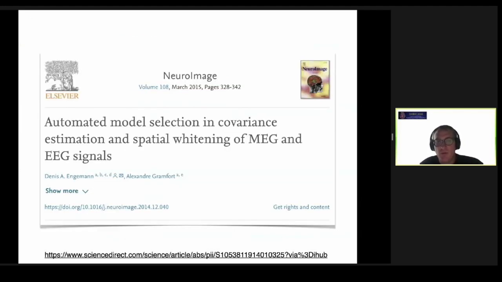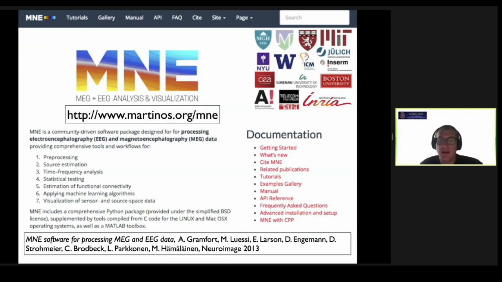This is the paper published with Denis Engemann, where we explain the details about how to normalize this data using this covariance. If I was a bit too fast on this aspect, please have a look at this paper. And if you want to apply this to your data, you can visit the MNE website, from where I took all the examples that you've seen in this presentation, and that you're very welcome to use.